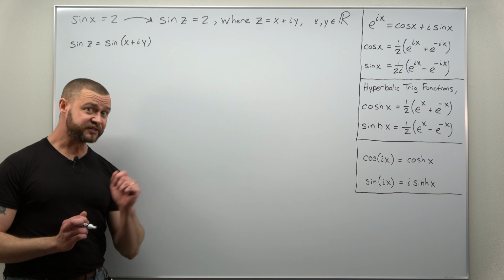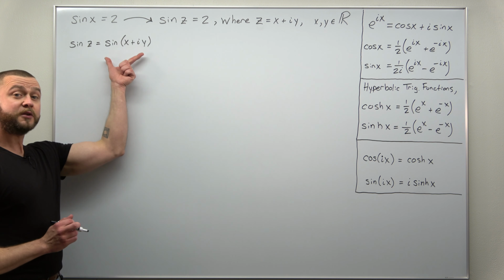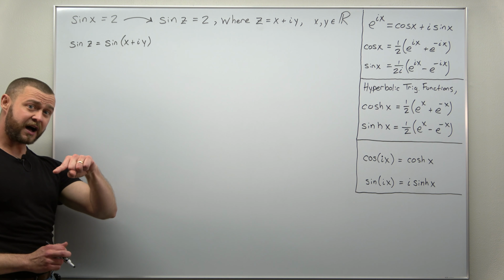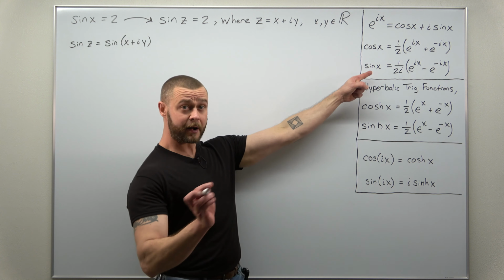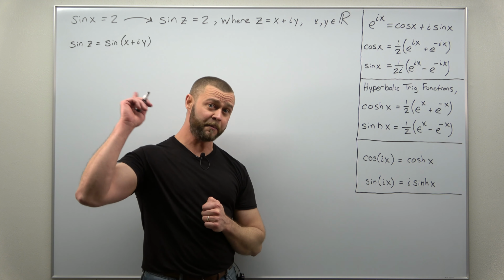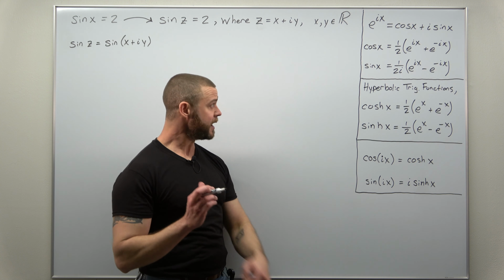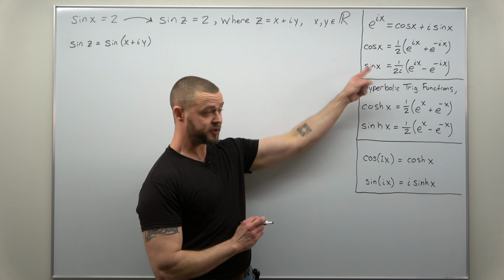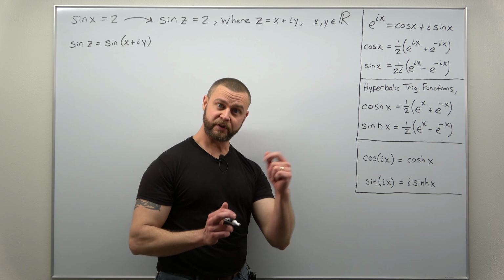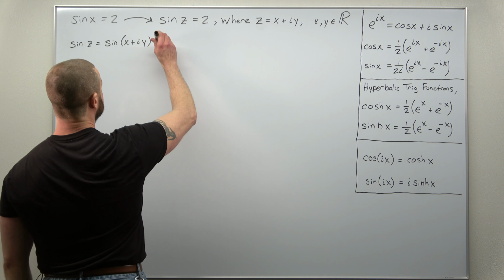The one that's most accessible right now is we're going to go ahead and apply Euler's formula and rewrite sine in terms of complex exponentials. Now the only change we're going to make is the input is x plus iy. So just replace x here everywhere with x plus iy.